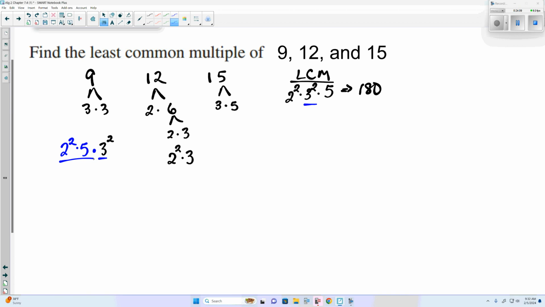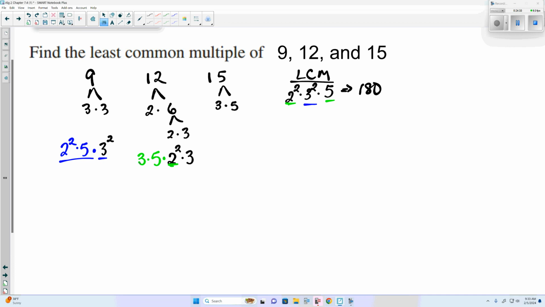Let's look at the middle one, we'll get another color, has the 2 squared already, yes? We can see for certain it is missing 5, because it's missing the 5 completely. But we're also missing 1 3, because we only had 1, we need 2, yes?